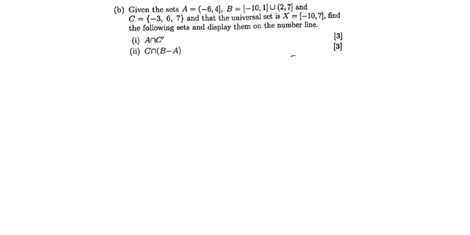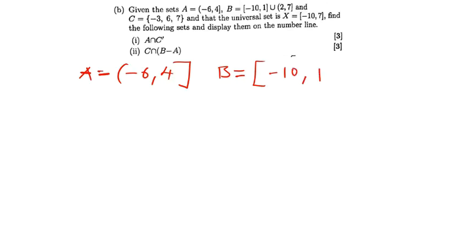So in this case, our A is having members from negative 6 all the way up to 4, and then our B is having members from negative 10 all the way up to 1, union with 2 and 7.